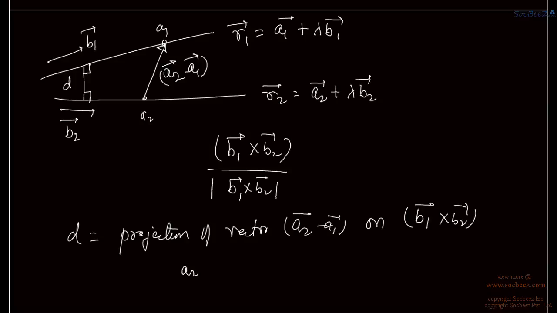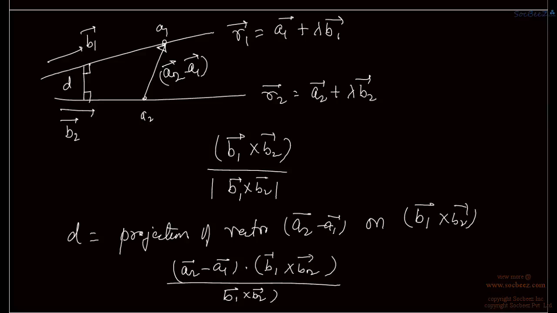We have already seen what the projection of two vectors is. So its projection can be written as A2 minus A1 dot B1 cross B2 upon the magnitude of B1 cross B2. So this is the distance between two skew lines. We have taken the modulus to get a positive value of D, right?